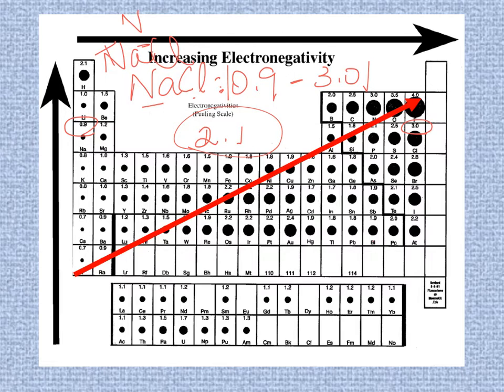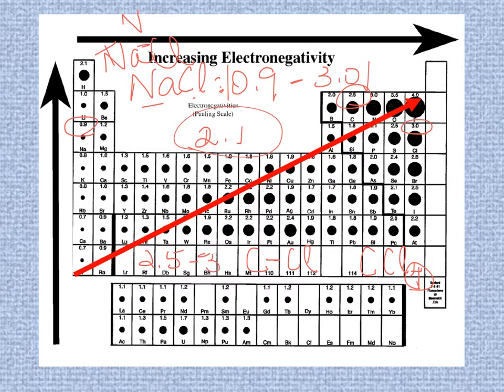Then we have carbon tetrachloride. Again, don't pay attention to how many of each atom you have. You're just looking at 2 at a time. You're looking at each bond between carbon and chlorine. So carbon has an electronegativity of 2.5. Chlorine, we should know that by now, is 3.